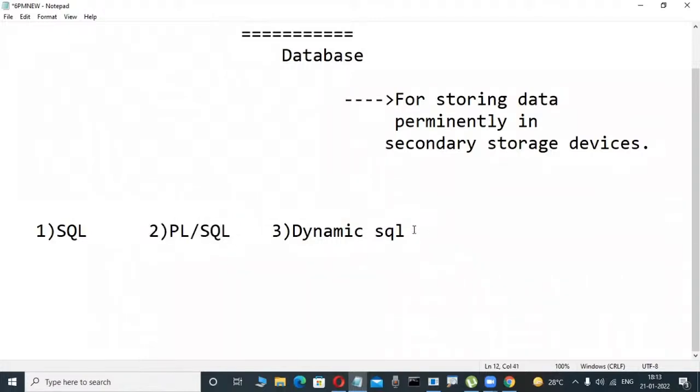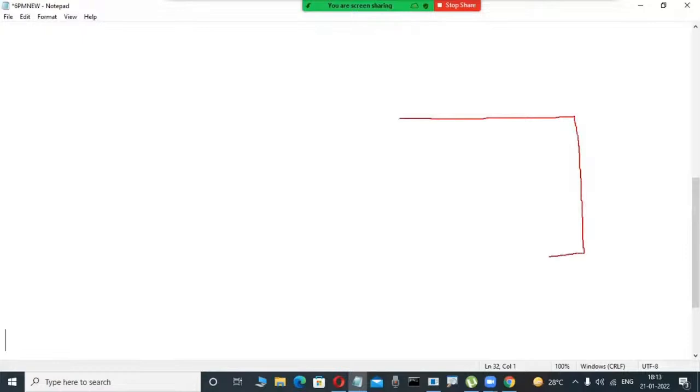Now, for example, if you are a first-time newcomer, concentrate here on how to understand it. Why is PL/SQL required? Just for the idea, I'm telling some applications. Slowly observe it here. Daily, so many people go to banks for depositing or withdrawing money.